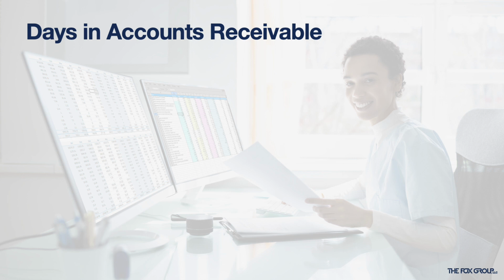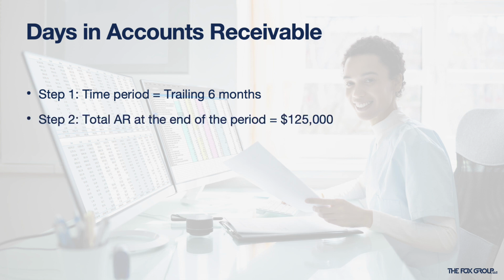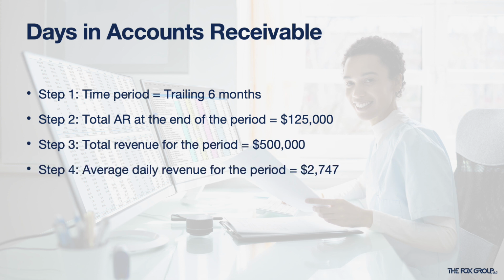Now that you know the equation, let's run an example through it. Let's say you want to look at the trailing 6 months. Your AR is $125,000, and your revenue for that period is $500,000. We'd calculate the average daily revenue by dividing the $500,000 by 182 days, which is the number of days in the 6-month period we're looking at.